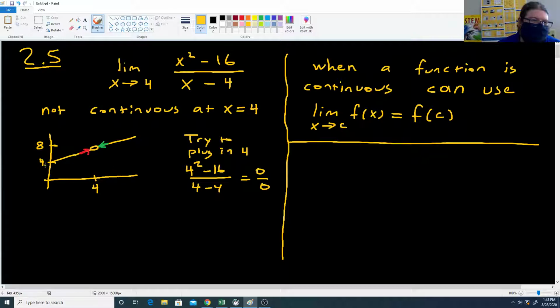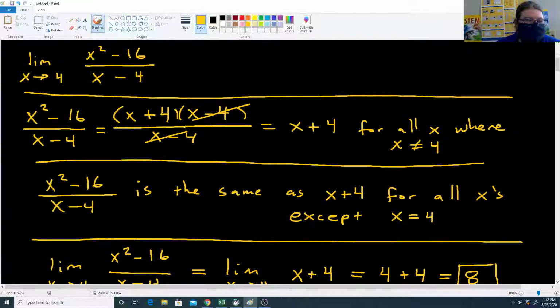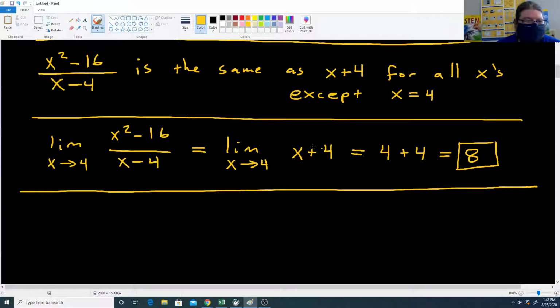So with the removable discontinuity that we have here, you have the line x plus 4 except there's a hole there. What we're doing is canceling out the part and seeing what the baseline is actually supposed to be. Then we can use that the simplified form after you cancel is continuous, and we can use that continuity to plug the hole to see where the limit actually would fall.